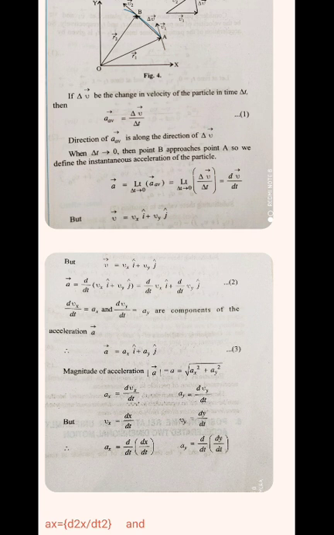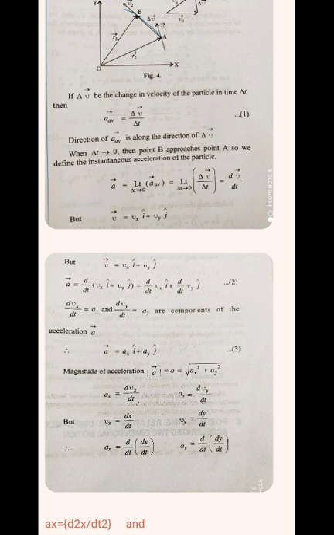Substituting in the acceleration, we get the derivative of vx i cap plus the derivative of vy j cap, and we can denote dvx by dt as the acceleration along the x axis and dvy by dt as ay. So in components, we get acceleration as ax i cap plus ay j cap. The magnitude of this acceleration in components will be the root of ax square plus ay square.